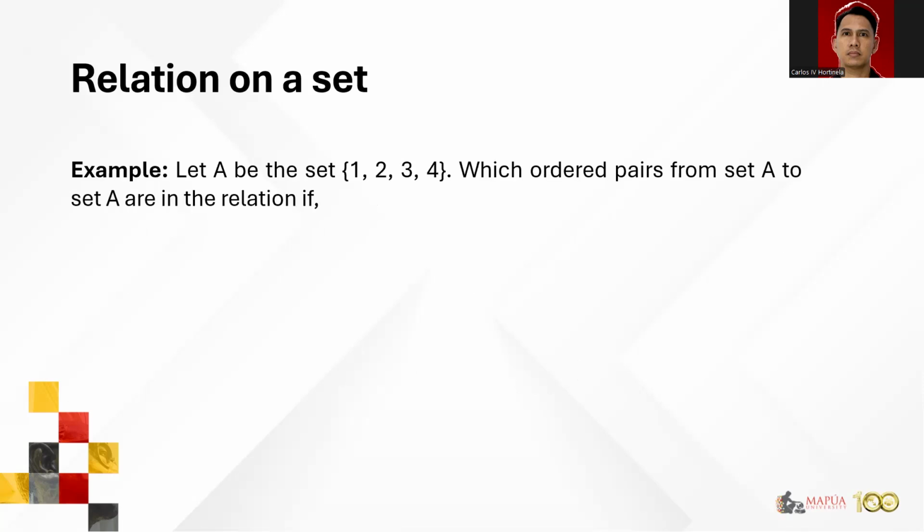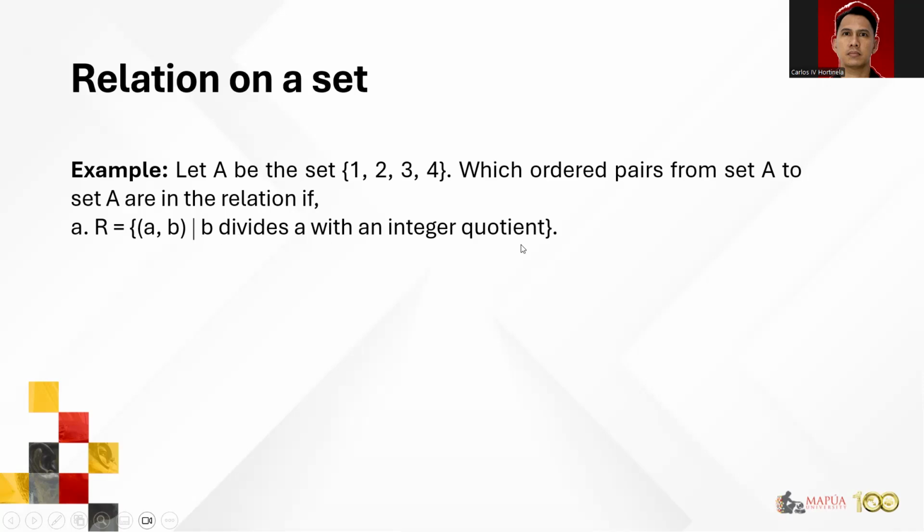This is another example I lifted from the book. I have a relation set which contains specific values 1, 2, 3, and 4, and from which we create ordered pairs from A to B. Okay, so let's form a relation set this time from set A to set A. This means my A comes from set A and the element B also comes from set A. With this given property, B divides A with an integer quotient.